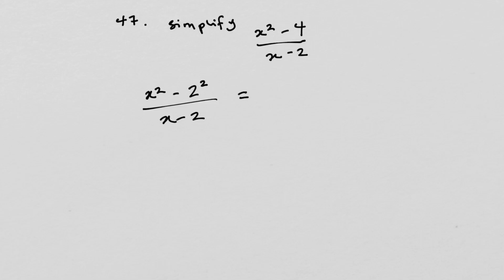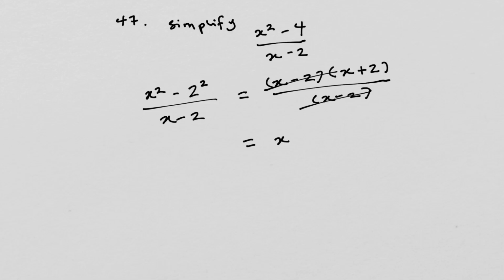When you have the difference of 2 squares, you can write it as x minus 2 times x plus 2. This is the numerator. We divide it by x minus 2. The x minus 2 will cancel out. We now have x plus 2 as our final answer.